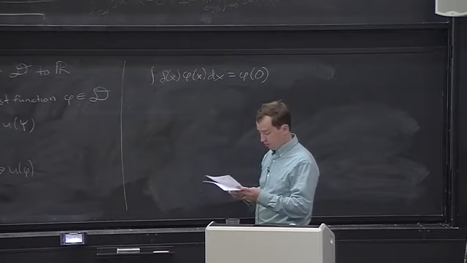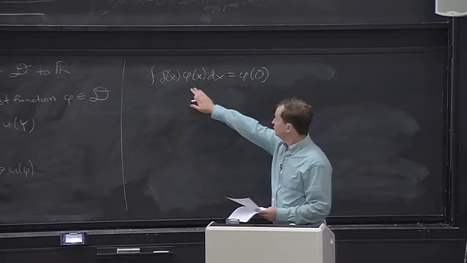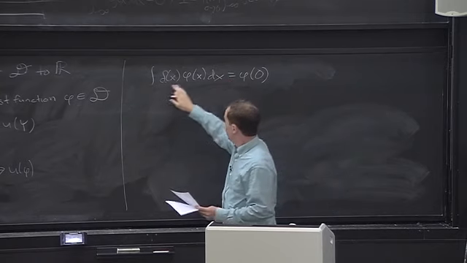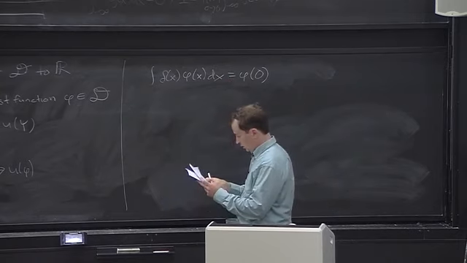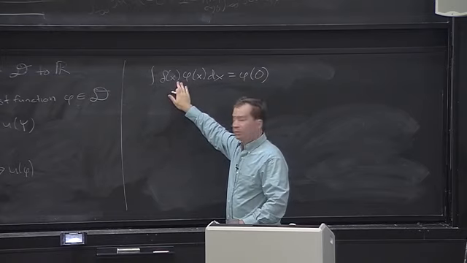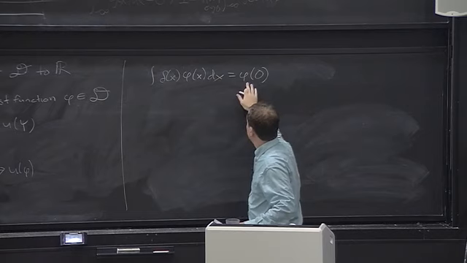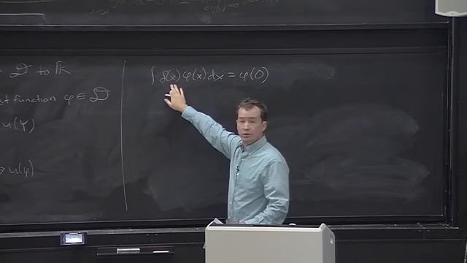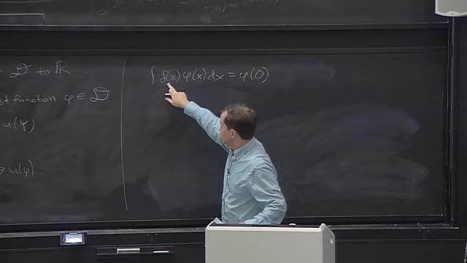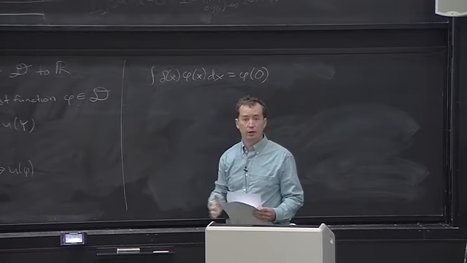Delta is a distribution in this sense. And this is probably the most common way you've seen delta written. This is an imprecise but sometimes useful way to write what delta is, because nowhere in our definition of delta do we need to define its value at any point.